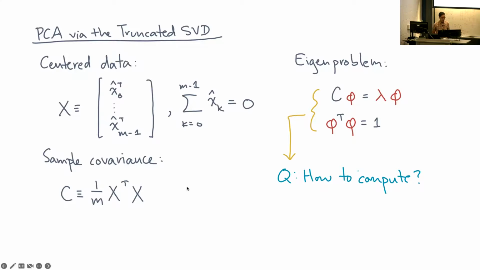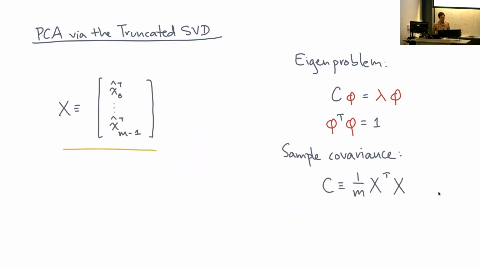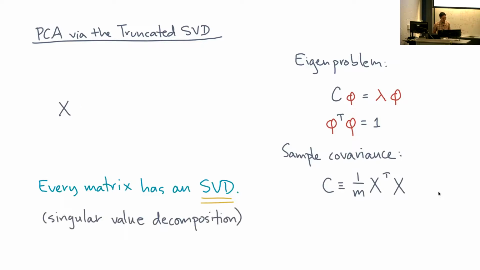So if you can solve the same thing without forming this explicitly, then that would be better. So there are ways to do that. A naive algorithm is you form C and then invoke the eigensolver. A different way to solve it is to use this magic tool from linear algebra called the SVD.